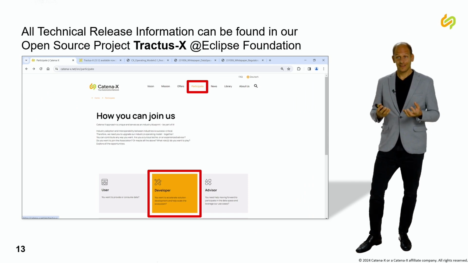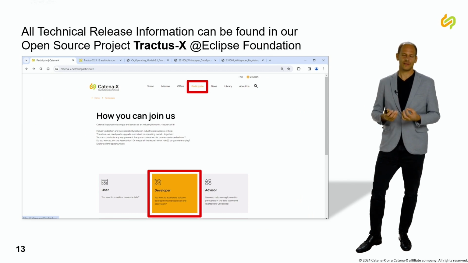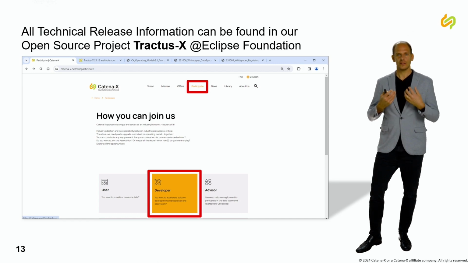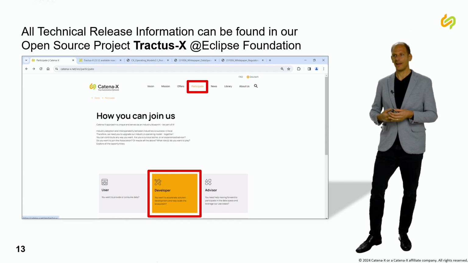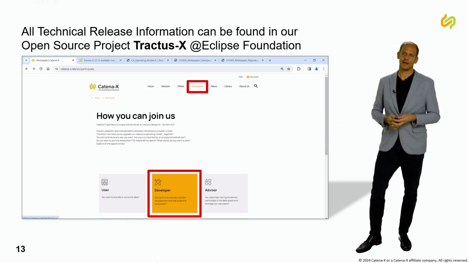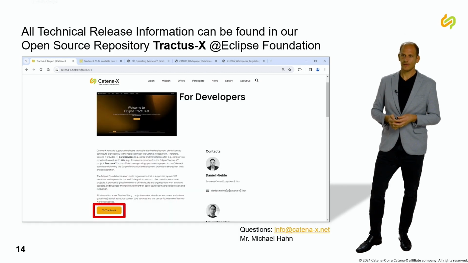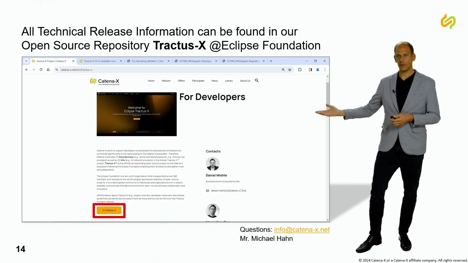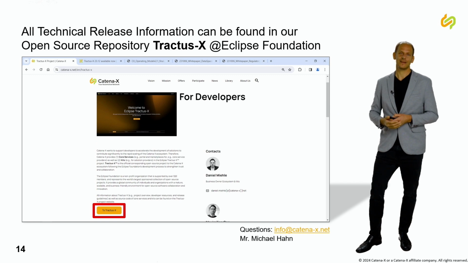All technical releases and information can be found in our open source project Tractus-X, which is of course essential for everyone who wants to develop applications and develop anything for Catena-X. Therefore, we have our developer environment, and we will jump from our own website to the Tractus-X developer environment on the Eclipse Foundation website.